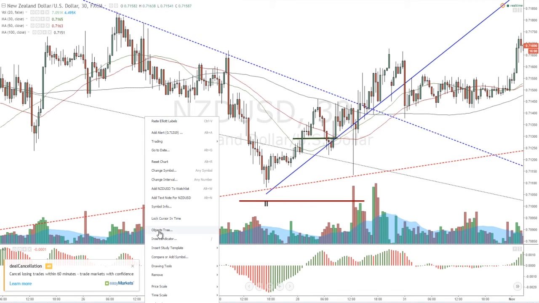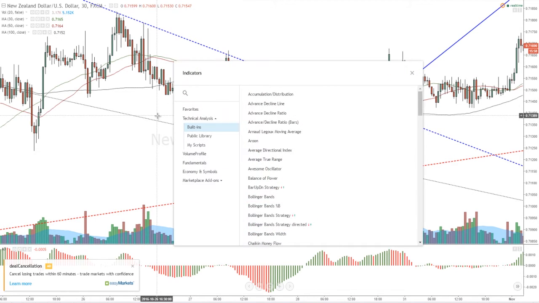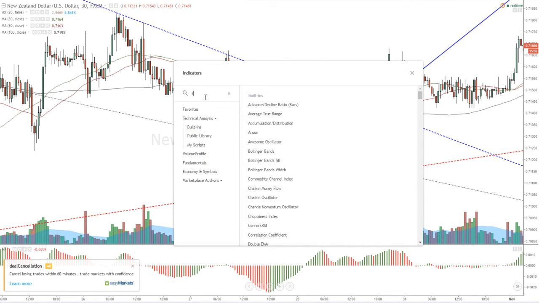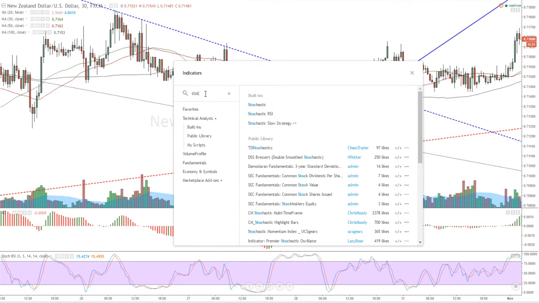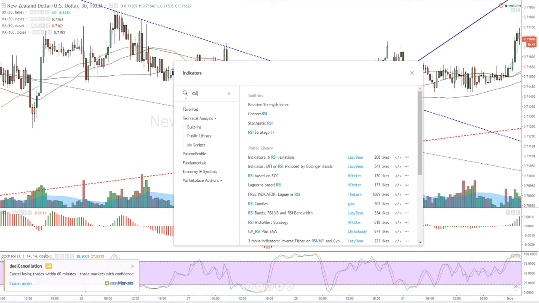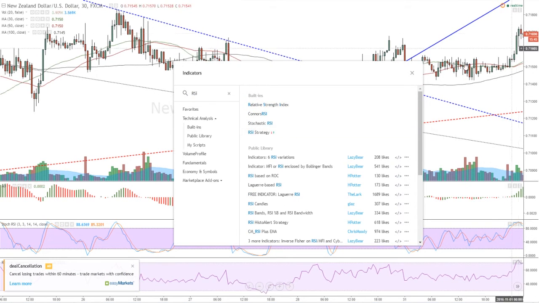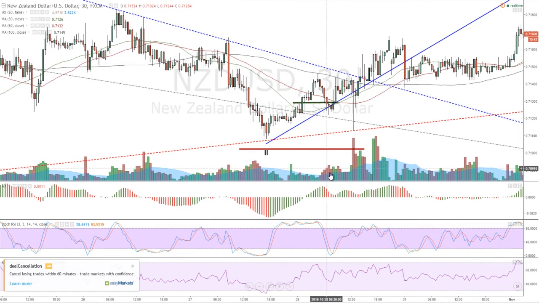If we use stochastics or RSI, well, stochastics would give you an entry a little further up, around here on the back break.